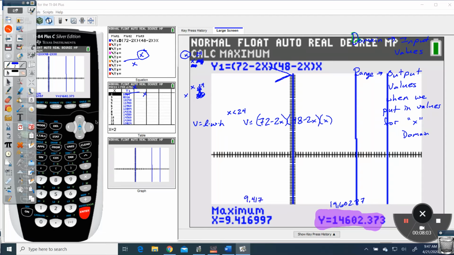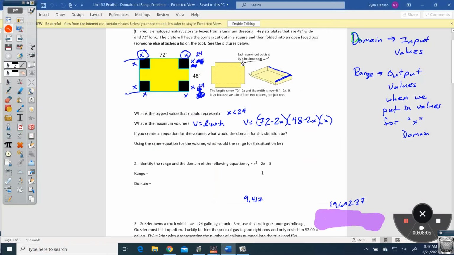So now when I go back to that screen, it'll still be on there. So it says, what is the maximum volume? Well, the maximum volume, let's just round it off. 14,602. Okay, it's a little bit more, but we're just going to round it to 602. It says if you create an equation for the volume, what would the domain for this situation be?